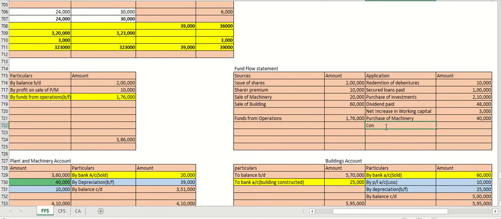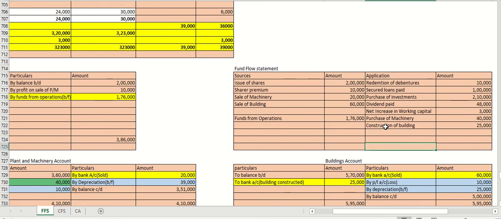Whenever it is by bank account, it will come under sources. So construction of building is 25,000. Why does to bank account come under application? If anyone has a doubt, to bank account is nothing but cash moving out, so at that time it is an application of funds.